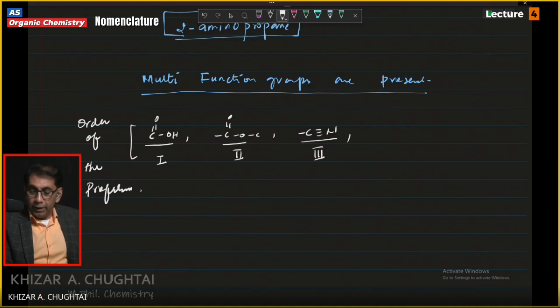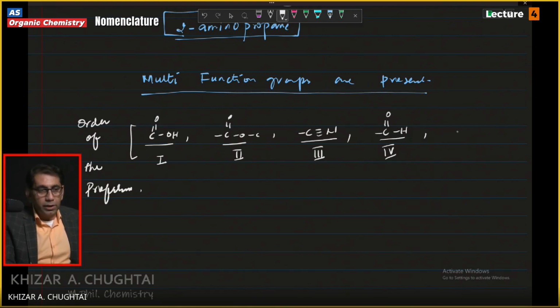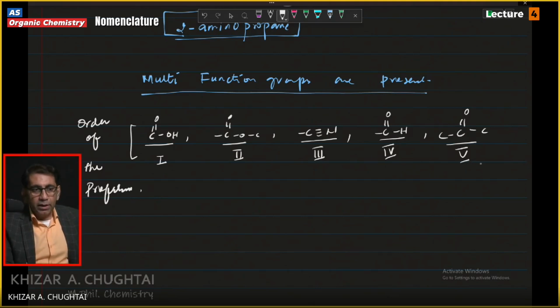And then there is aldehyde. This one is aldehyde. Then I think ketone, if I'm not wrong. Yes, it's ketone. At 5th preference, the ketone will be preferred if none of these groups is present.